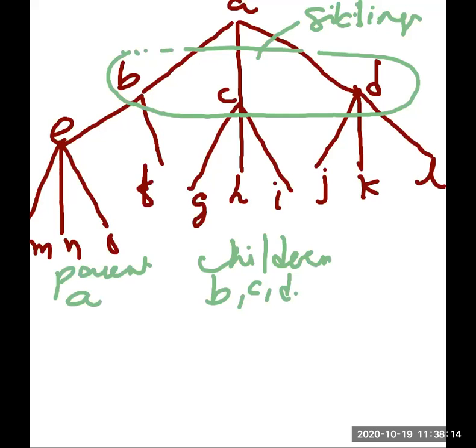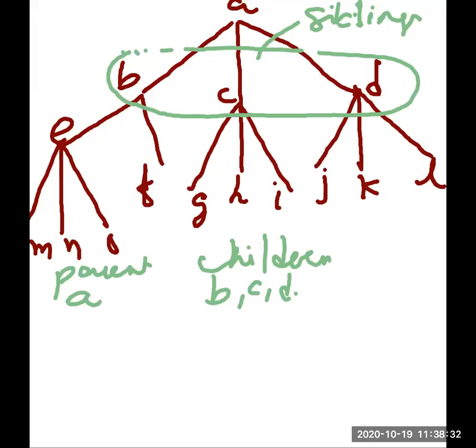There's a path from A to M which comprises A, B, E, M. So all the vertices other than M are called ancestors of M.